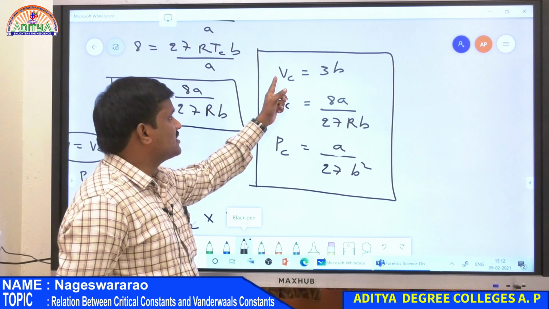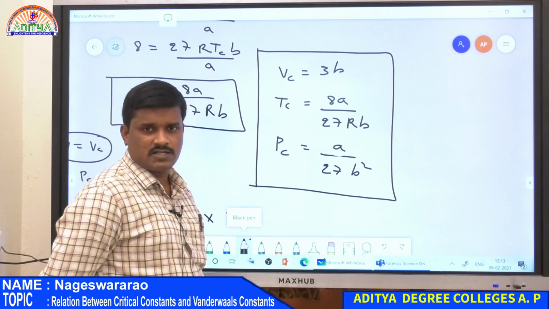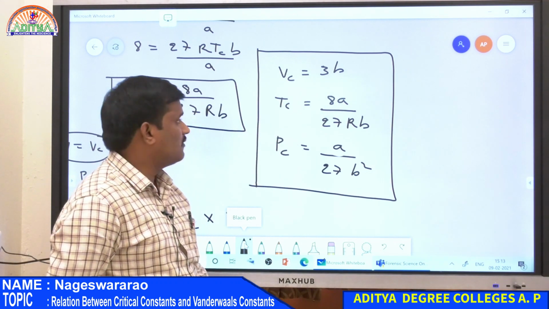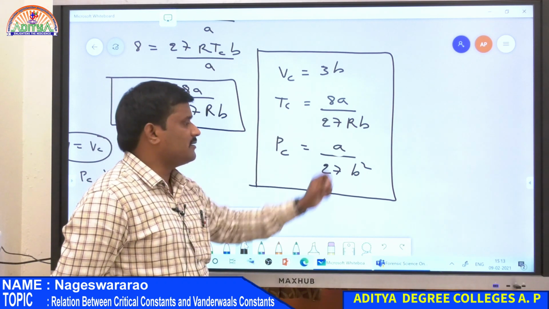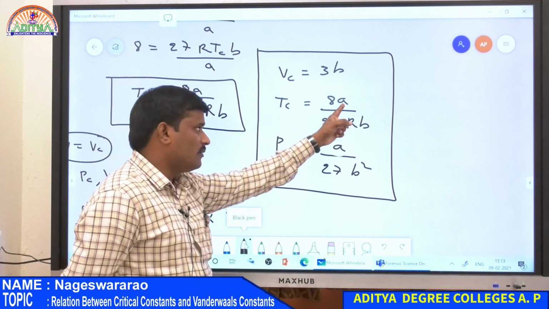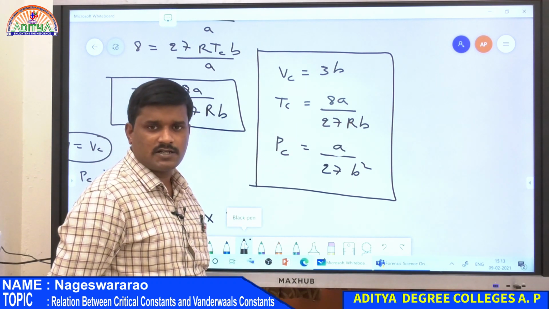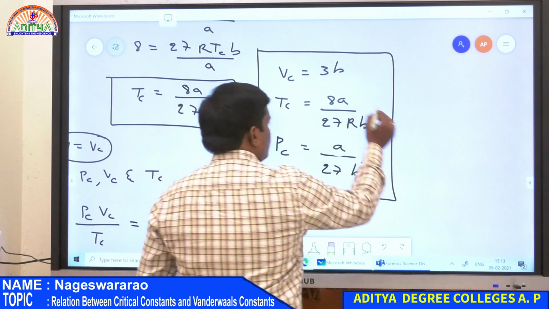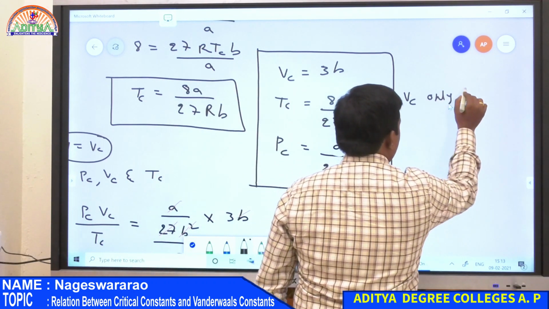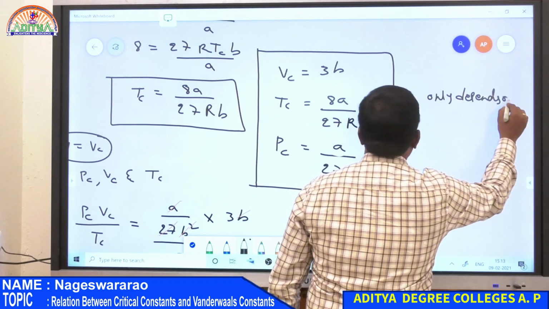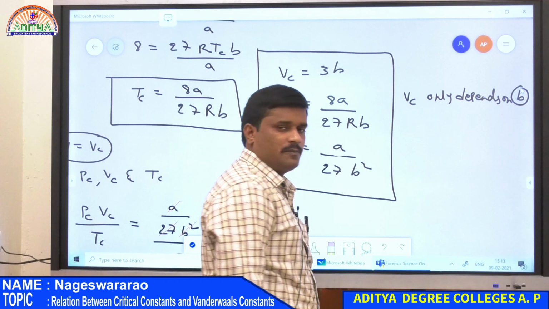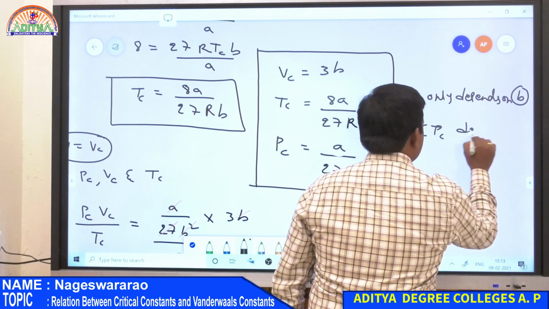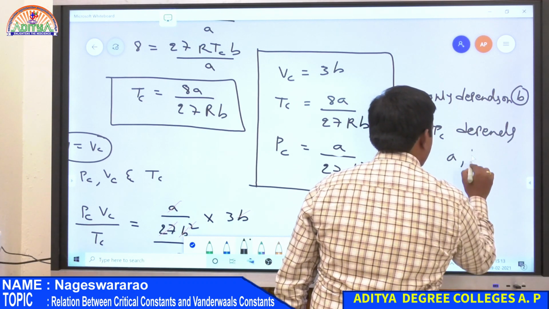In every relation there are critical constants as well as van der Waals constants. So VC is related only to the van der Waals constant B, whereas TC represents both A and B. That means critical temperature depends on both van der Waals constants A as well as B, and PC also depends on A and B. Therefore VC only depends on B, whereas TC and PC both depend on both van der Waals constants A and B.